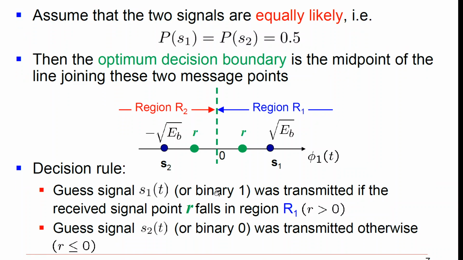Binary 0, or S2 of t, was transmitted if the received signal falls in region R2. Okay, that is the decision rule. This decision rule we get from the maximum likelihood rule or ML rule for an AWGN channel. For an AWGN channel, this ML rule reduces to the minimum distance rule.